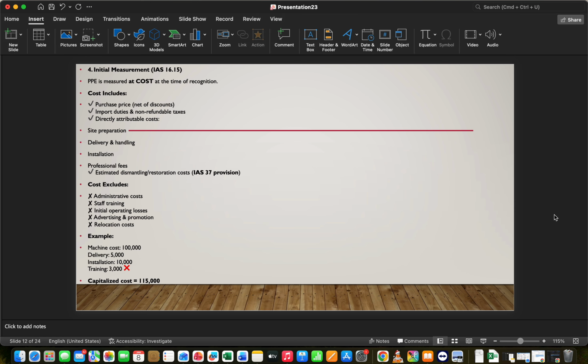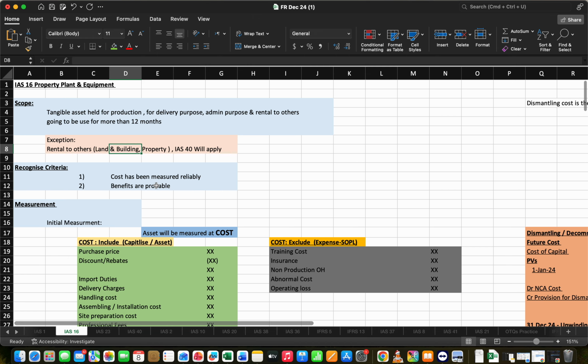Now, its initial measurement. Property, plant, and equipment is measured at cost at the time of recognition. Following are the costs. What costs are going to be included in property, plant, and equipment?